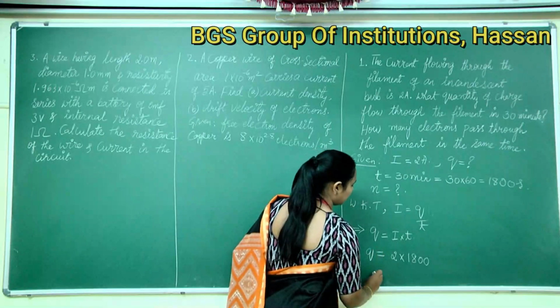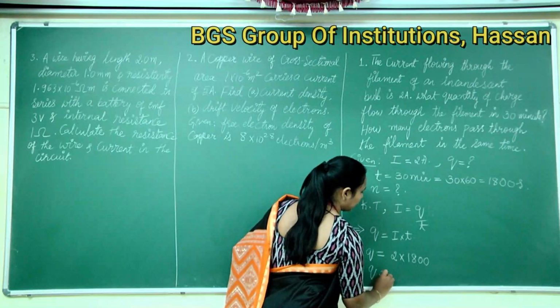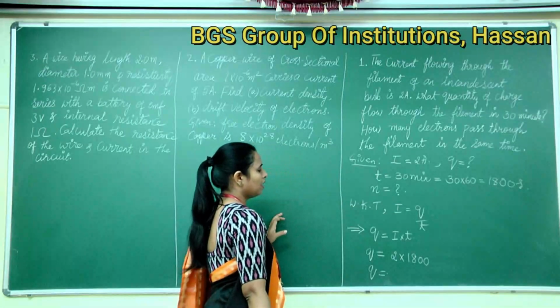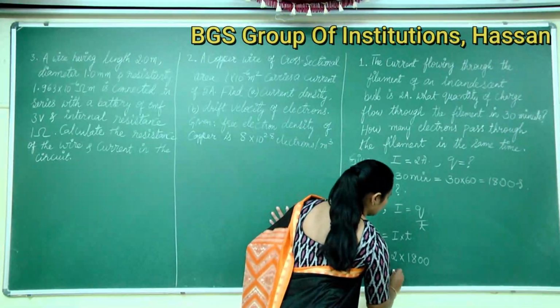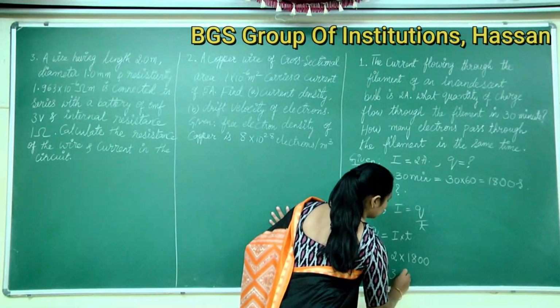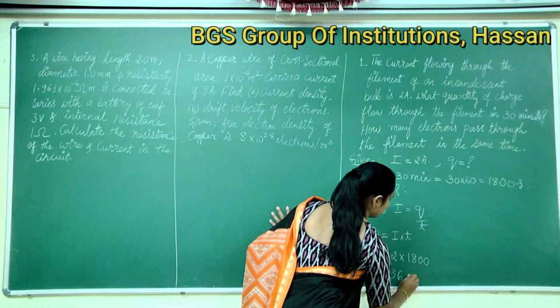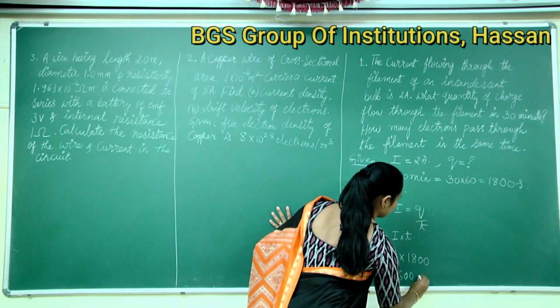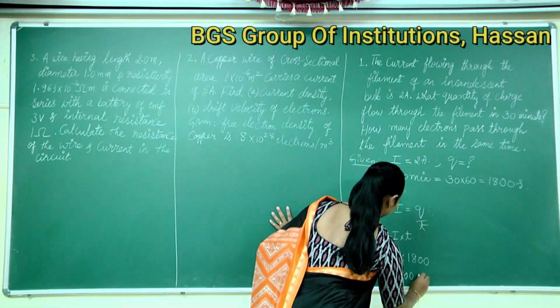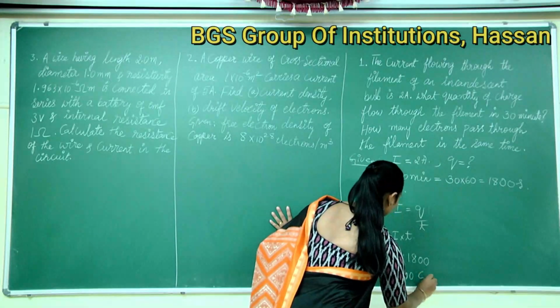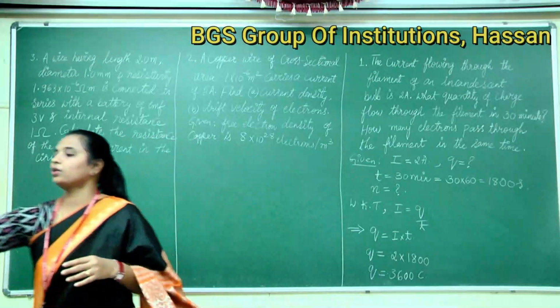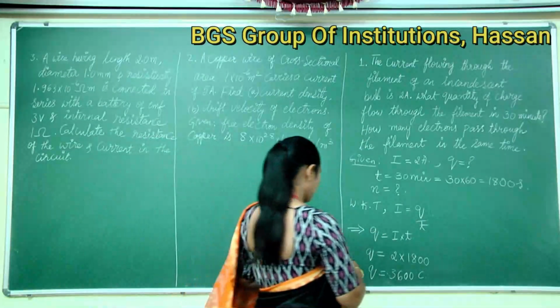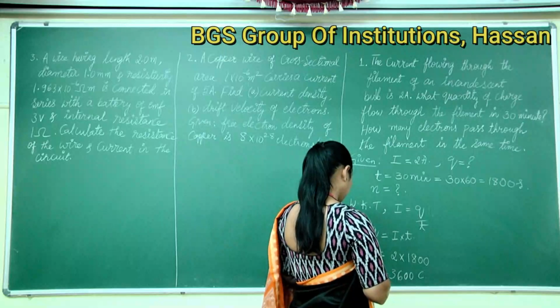So Q is equal to 3600 coulomb. You can write it or use your calculator.